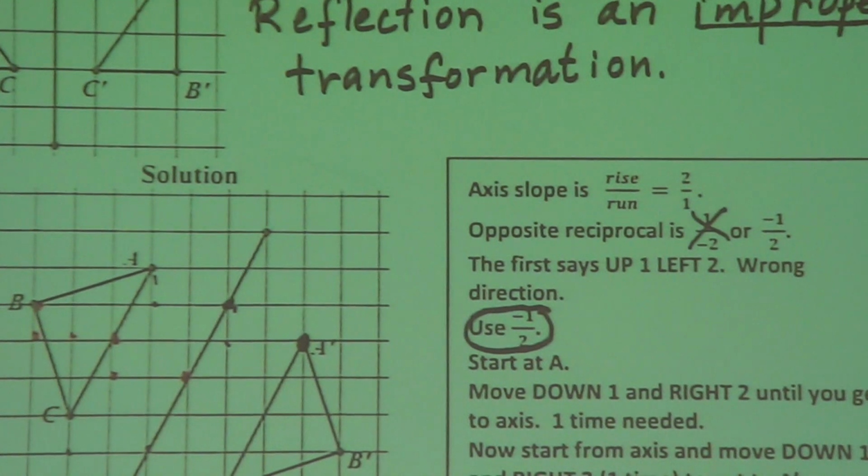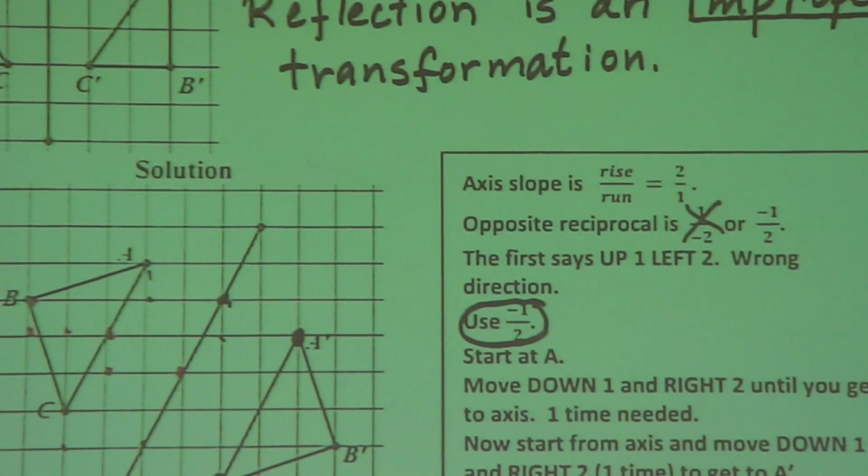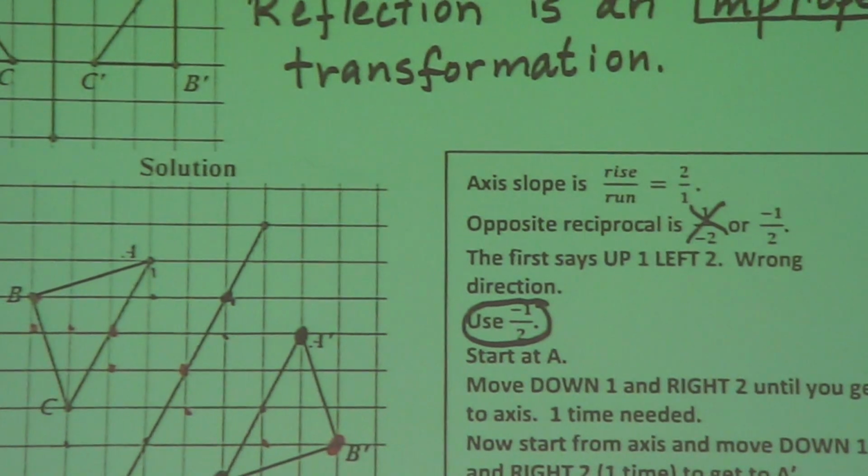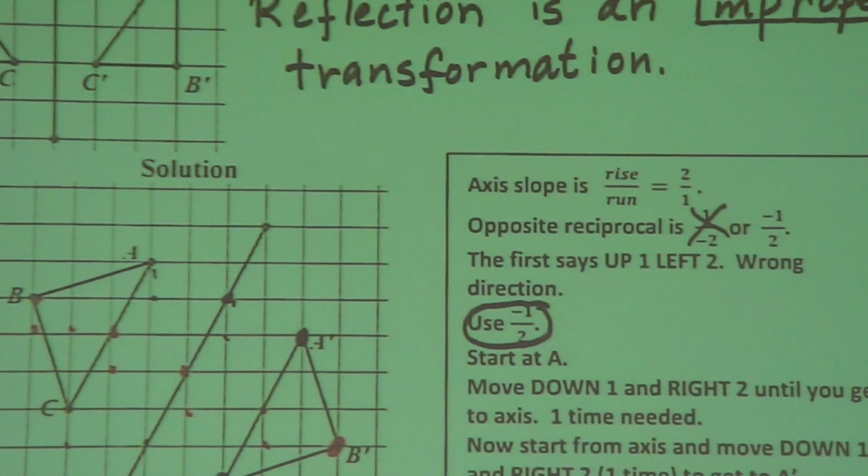So I had to do that 2 times. We have the notes here. So starting from here, down 1, 2 to the right, down 1, 2 to the right, and there is B. Then you get your straight edge and join these. And we're done.